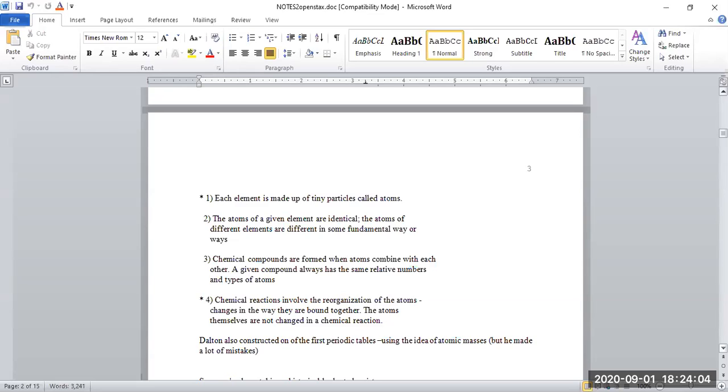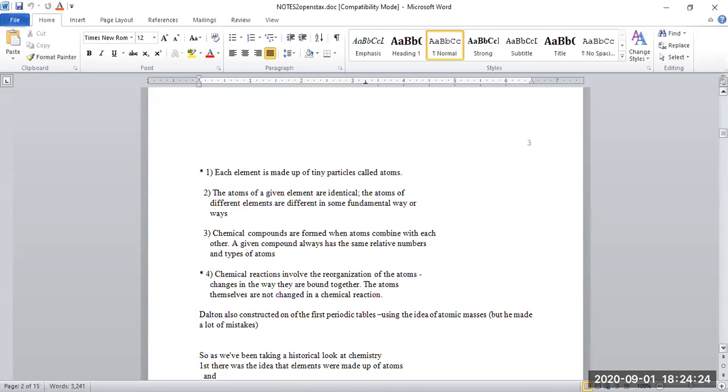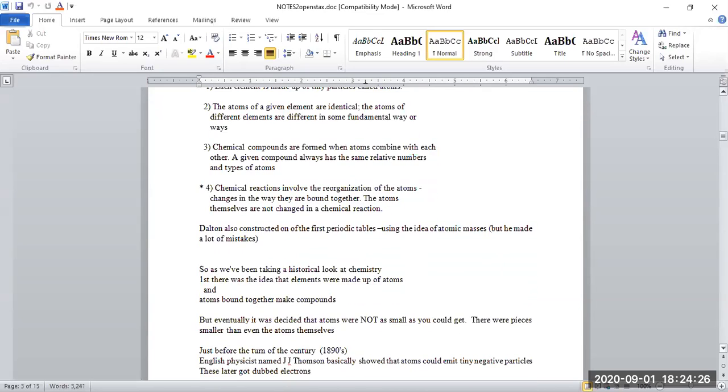So this is kind of a big deal. We've got the whole compounds are made when the atoms combine idea. And you can predict relative numbers and types. And then he stole a bit from Lavoisier and kind of restated his version of the law of conservation of mass.